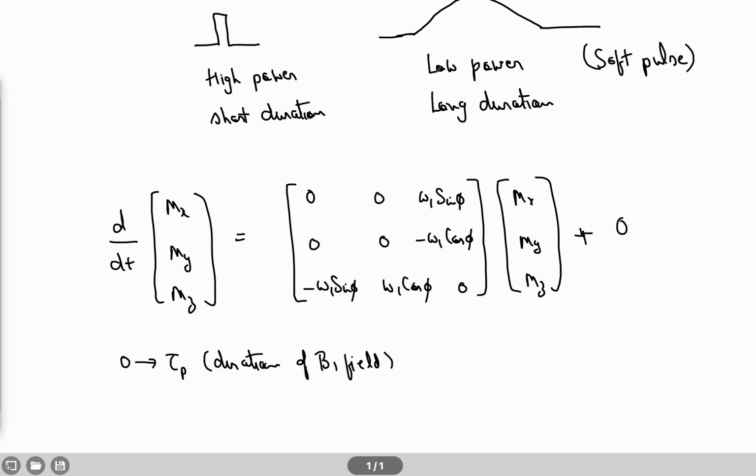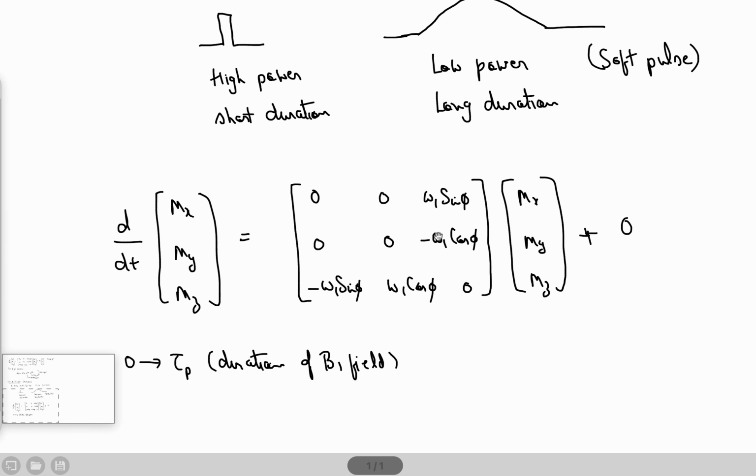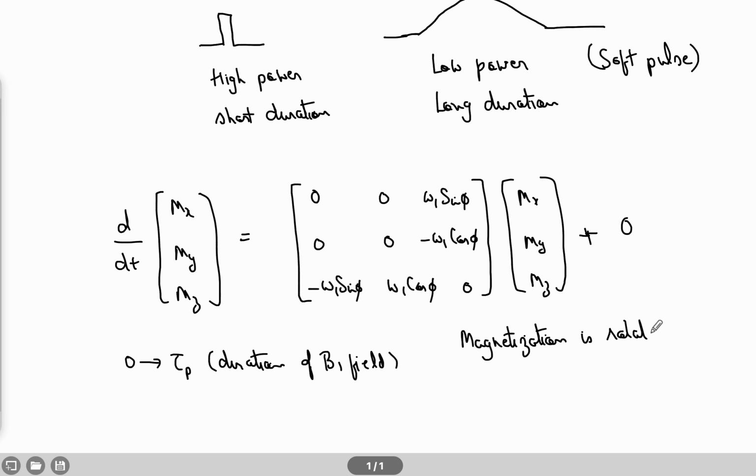What you are basically doing is multiplying this matrix and integrating from 0 to tau p, and the overall effect on the magnetization is that the magnetization is rotated about the B1 field.